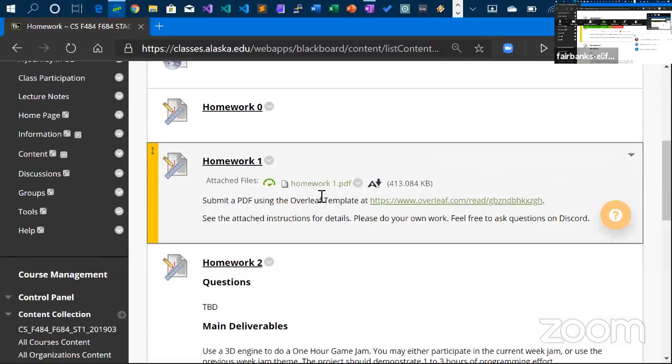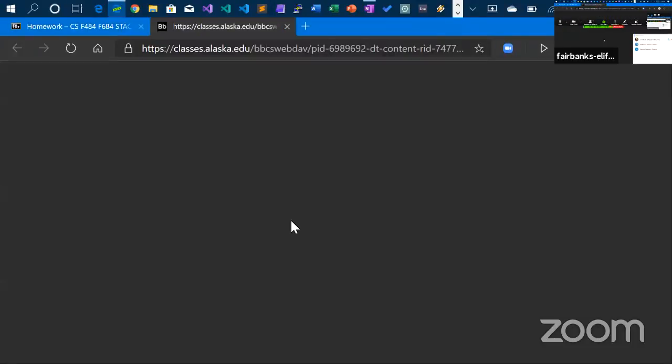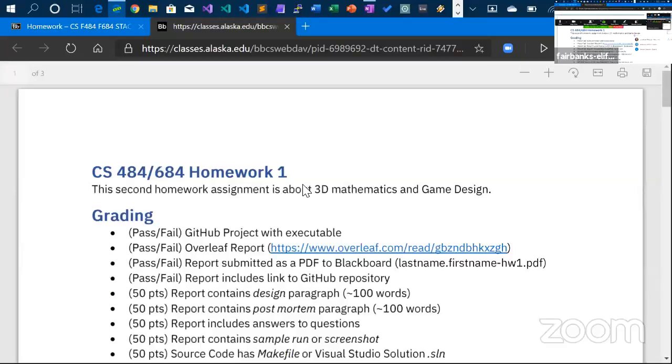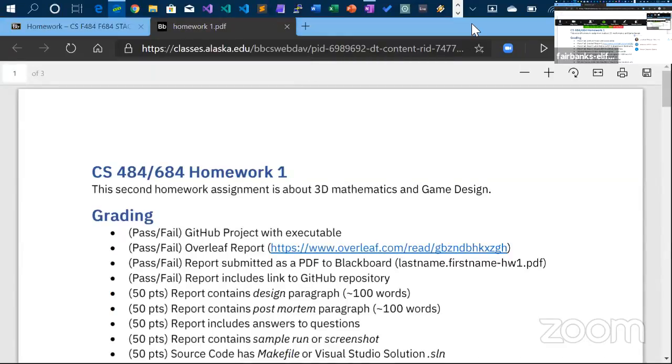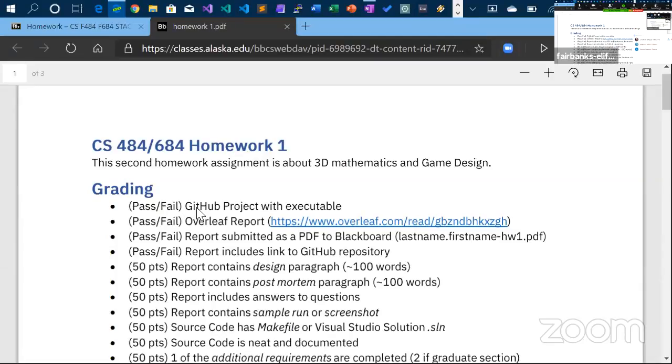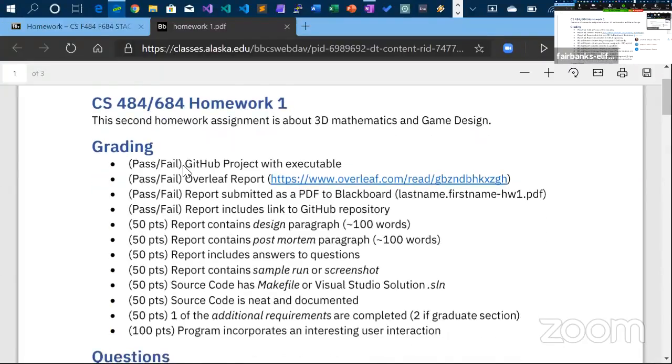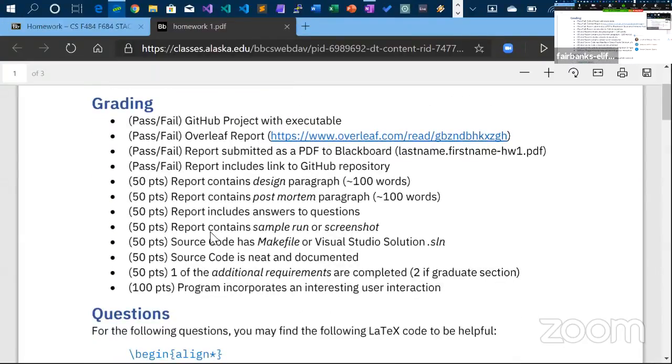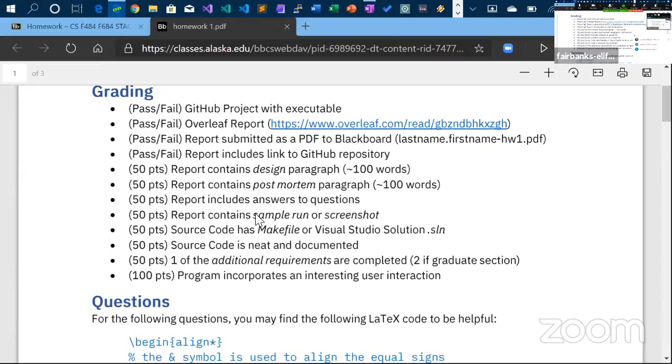Okay, so let's take a look here at the description. Okay, so this is the second homework assignment, and it's primarily about 3D mathematics and game design. And there's all the grading criteria over here, so you know exactly what you need to do.